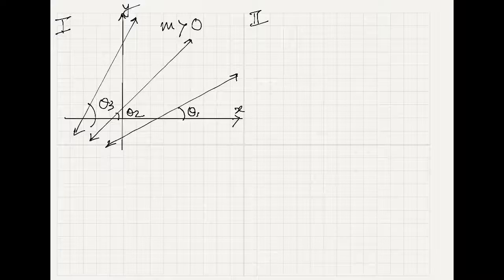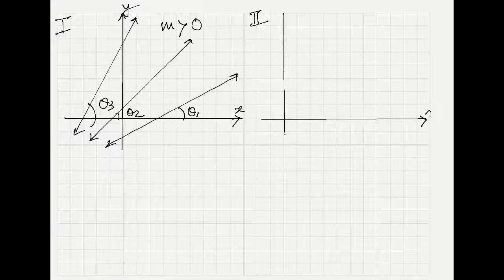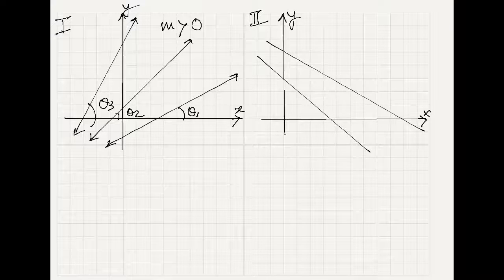Second one, when the line is inclined on the left hand side. This is my x-axis, this is my y-axis. Whichever way the line is inclined, if it is a left hand side inclination, the angle created with the x-axis is this, and in this case m is always less than 0.